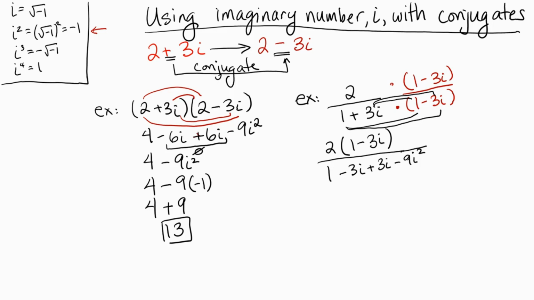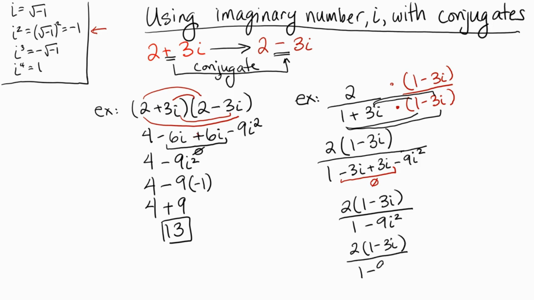We're going to take a look at simplifying the bottom. So negative 3i and positive 3i cancel out. So those are going to go to 0. So we have 2 times 1 minus 3i over 1 minus 9i squared. And we know i squared from before is negative 1. So we're going to do 2 times 1 minus 3i over 1 minus 9 times negative 1.